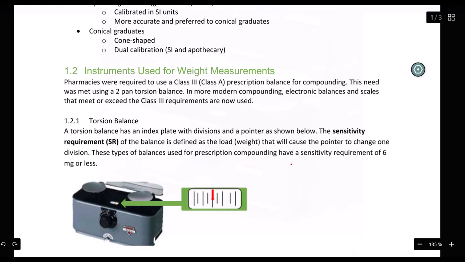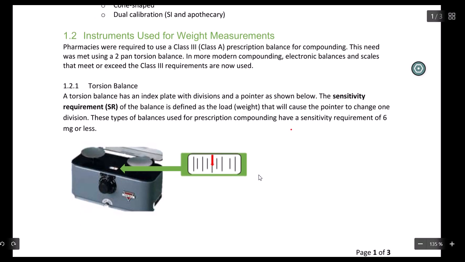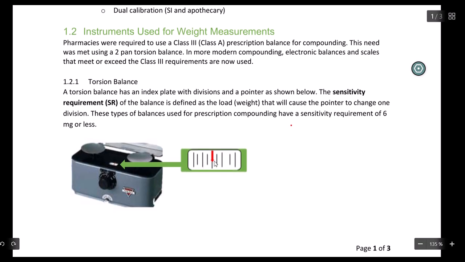But what we want to be worrying about is two things that we're going to look at, and that is what is the minimum weighable quantity of an electronic balance, but also of these torsion balances. So the torsion balance will have that little display window that I showed you here. And as you place weights on the left side, that will move back and forth, telling you if you need to add more or need to add less. And when it gets to the center, you know that it's equal to the weight which you have put on the right side.